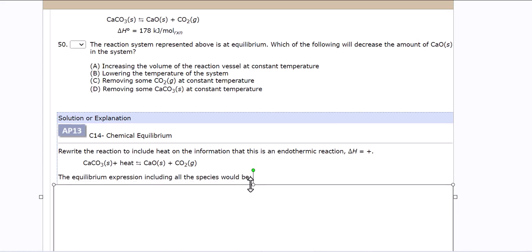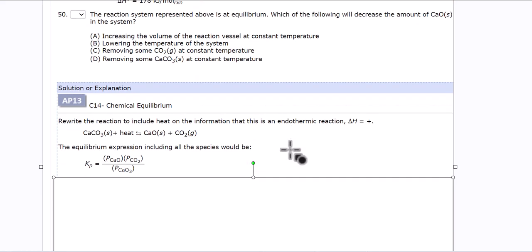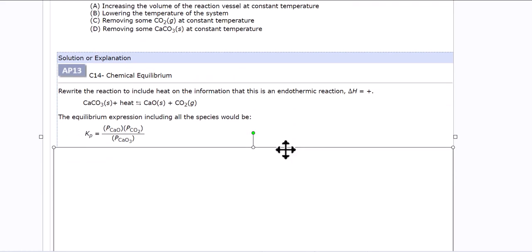Now, the equilibrium expression, where we include all the species, would be this. I'm going to scroll up a little bit so we can see that at the center. I made it a pressure equilibrium, and I included parentheses, which you use with pressure and partial pressures, the pressure of each one of these. The pressure of the calcium carbonate, the pressure of the CO2, and the partial pressure of the calcium oxide in this container.